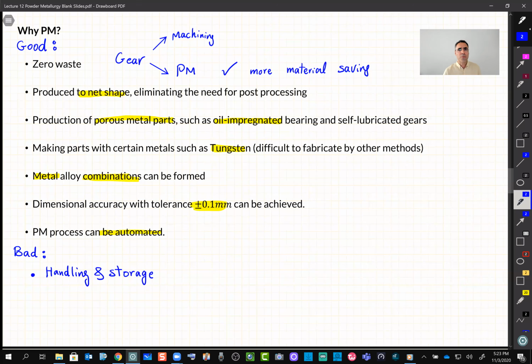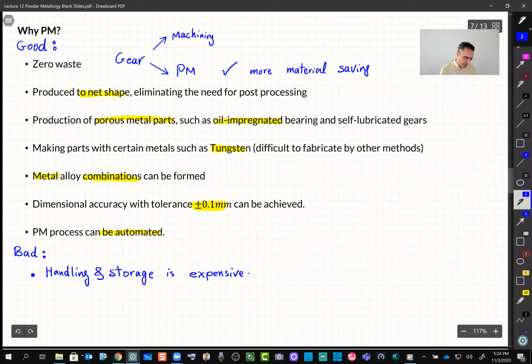And now imagine when you order a powder from another company to come to your factory, they are probably going to charge you maybe 5 times more because they need a special car, a special container, or maybe special boxes to carry this powder. So you're right, they maybe need less space. However, the saving from it compared with handling and storage is not significant. So handling and storage is expensive.